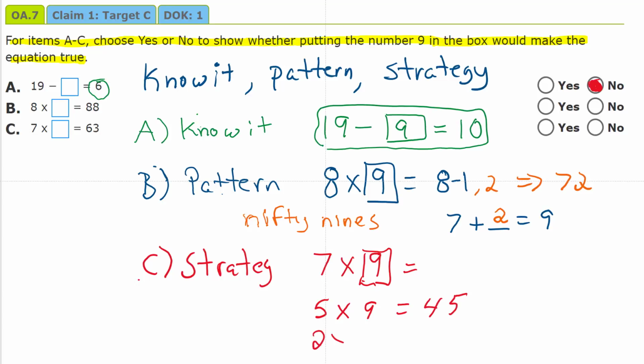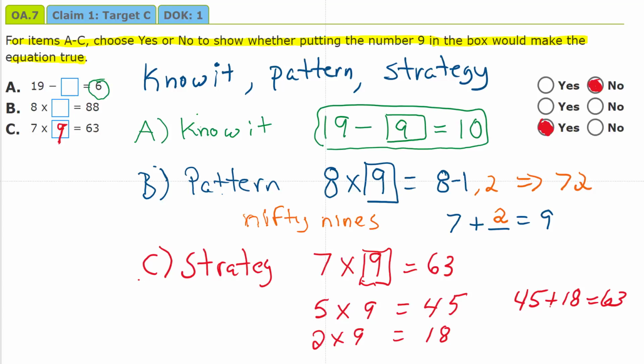And then we can also do 2 times 9 is equal to 18. A lot of times we already know our 5s and we know our 2s. And so if we were to add 45 plus 18, we get the number 63. So for C, 7 times 9 does equal 63. So that's a yes.